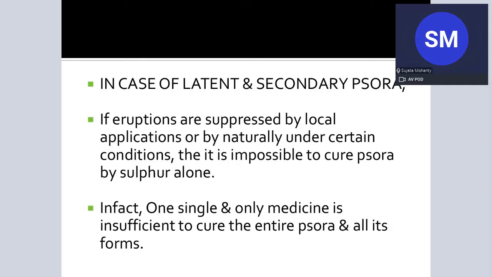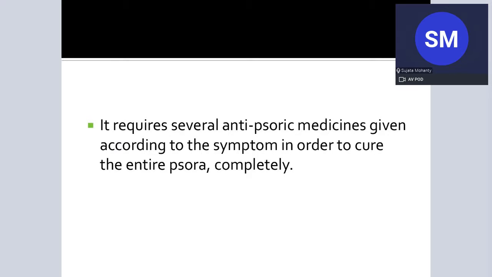If the psora is in its latent state or in secondary manifestations, it requires several antipsoric medicines given according to the symptoms in order to cure the entire psora completely. When we give the medicines in secondary manifestations and after some time the eruptions appear again, then we think it is on the way to recovery. Based on the totality of symptoms, every time we should choose the antipsoric medicine.